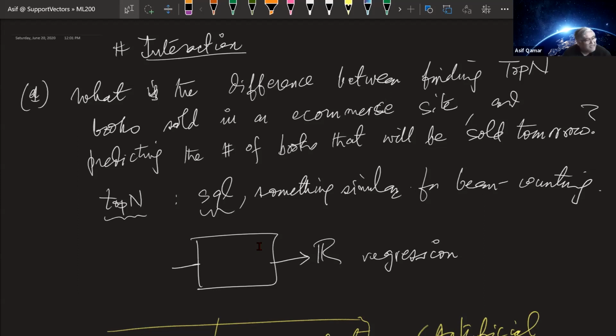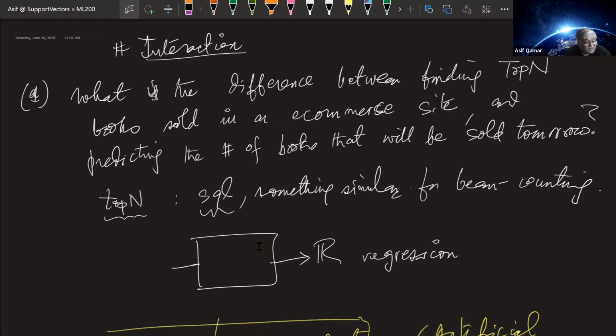The first part, finding top end, is it machine learning? It's not machine learning. It is just standard data analysis, isn't it? So it is just data science, but not machine learning. The second part, predicting, is a machine learning task, isn't it? It's regression. Regression is machine learning, but what else is it?